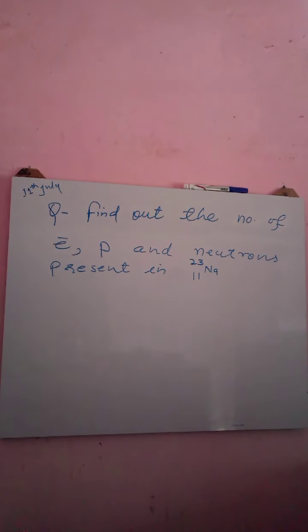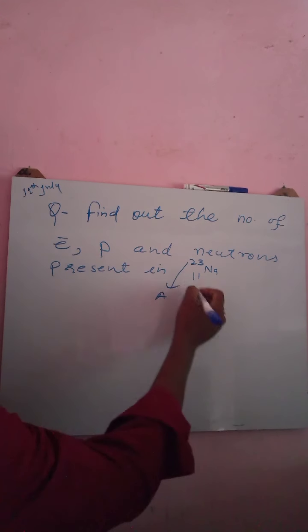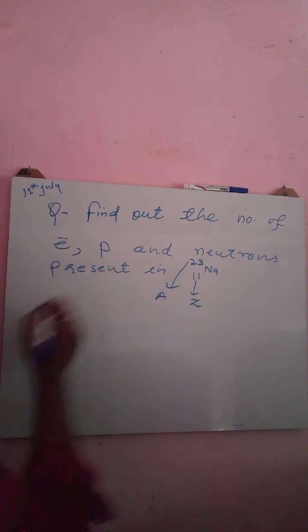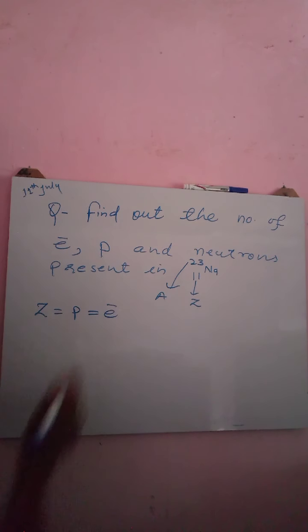The nuclide representation of sodium is given. A is 23, Z is 11. Z is equal to P is equal to E for a neutral atom.